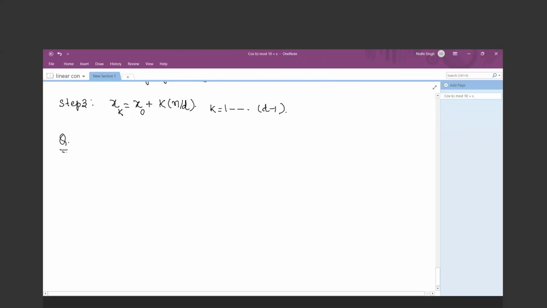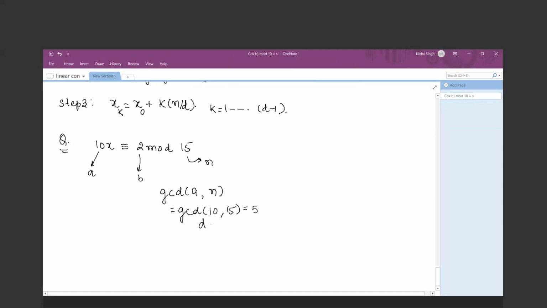So the question is, suppose the equation is 10x congruent 2 mod 15. So this is the value of A, this is the value of B, and this is the value of n. So first step, you have to find out the GCD of A comma n. So what is the GCD? GCD of 10, 15 is 5.